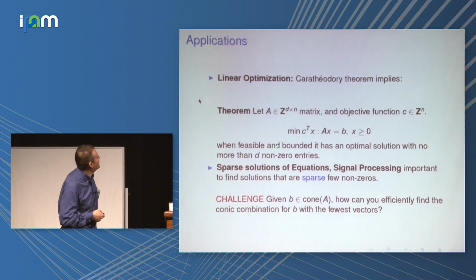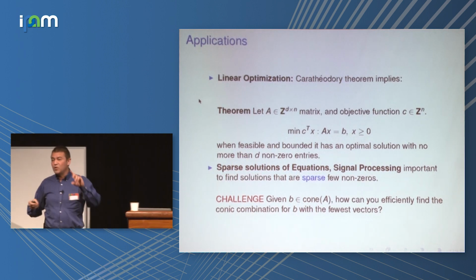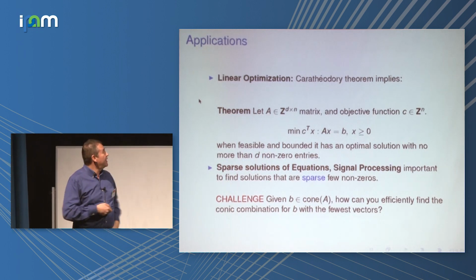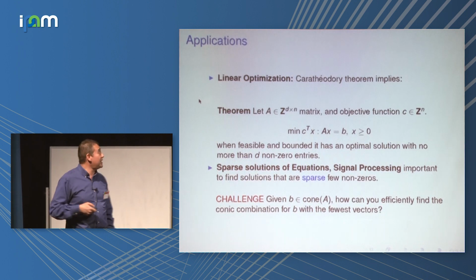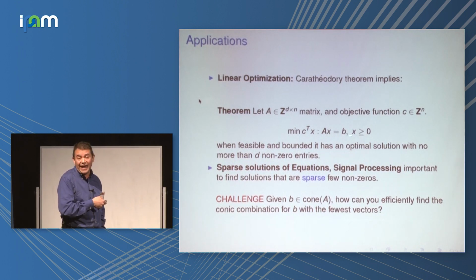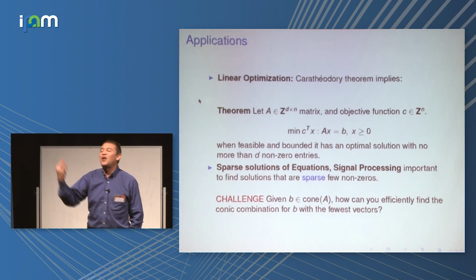So this is a d by n matrix, and I'm looking at this Ax = b setup. In this case, Carathéodory's theorem tells me, if you think about it, this is really asking, is b in the cone generated by A? You see that? Because you want to write b as a non-negative combination of the columns of A. So it's the cone generated by the columns of A.